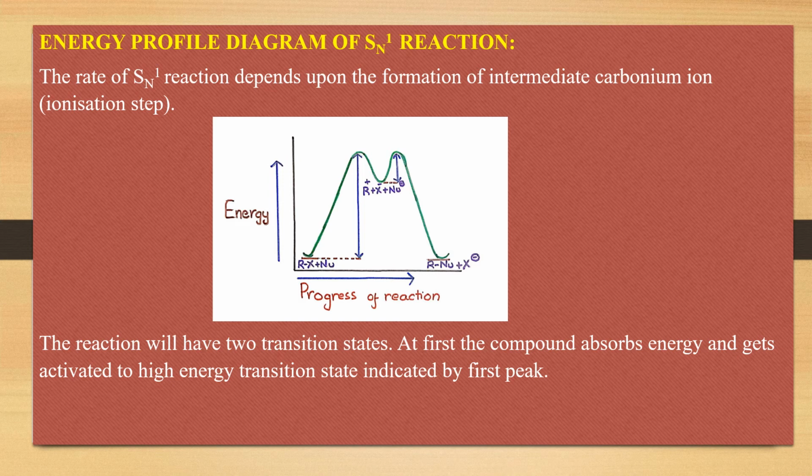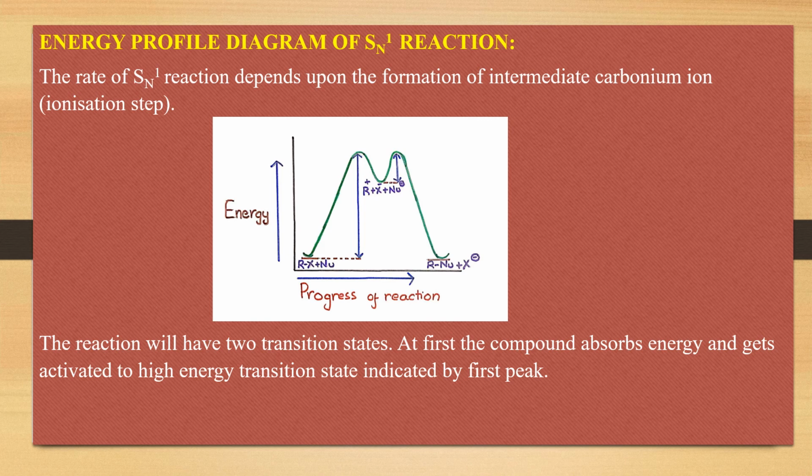How many peaks can you see in this graph, students? Two peaks. In the first step, the compound is absorbing energy and getting activated to a high energy transition state indicated by the first peak. Then the intermediate carbonium ion is formed.